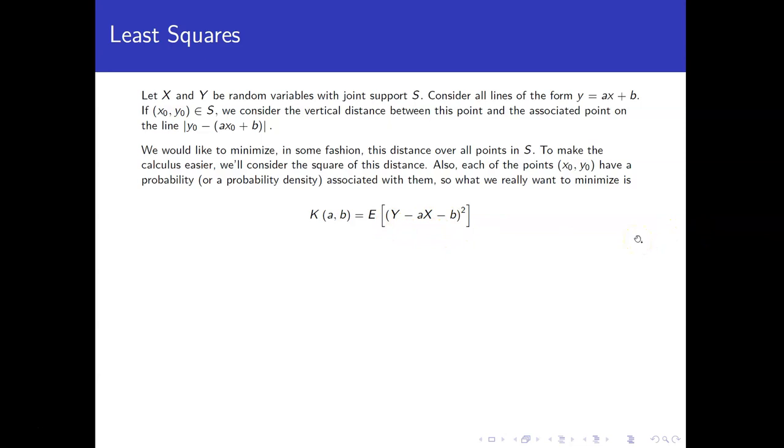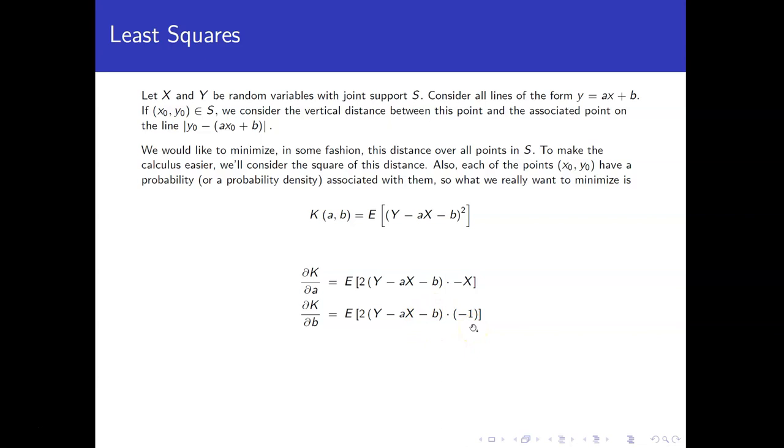To minimize this function, we need to consider its critical points. We find critical points by looking at the partials and finding where they are simultaneously 0. We take the partial with respect to a: we bring down the 2, differentiate the inside with respect to a, and we just get a minus x, so we get that expected value. For b, we do the exact same thing, except that when we take the derivative of the inside function, we get a -1.